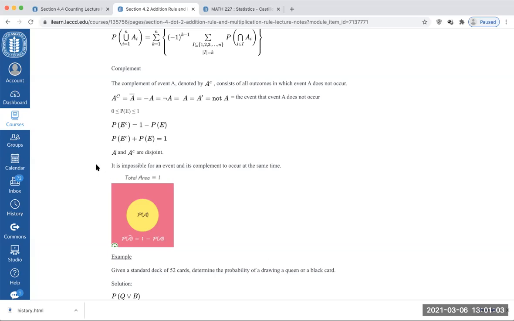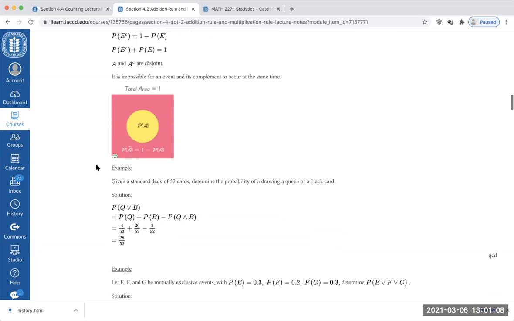It's impossible for an event and its complement to occur at the same time. So this is A, this is the complement of A. And so, suppose that this gives me the probability of A, then the probability of not A is 1 minus the probability of A.